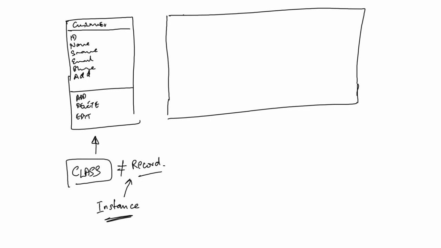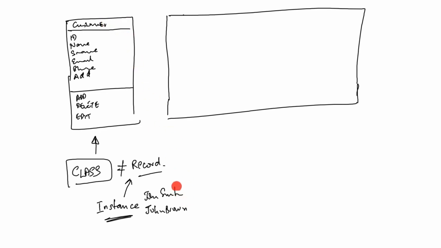So, John Smith is a customer, and John Smith, John Brown, all of them can be described with this class.